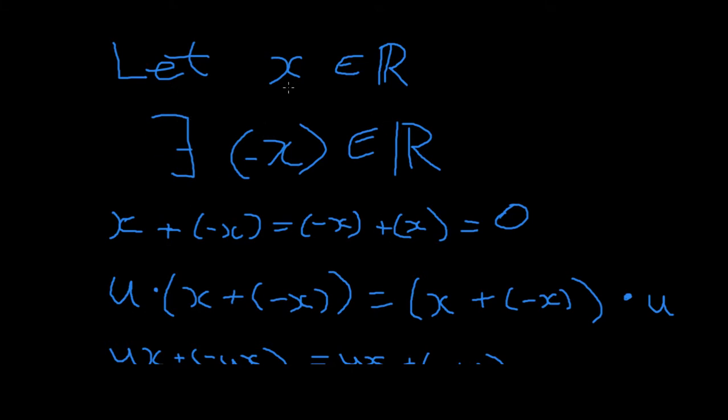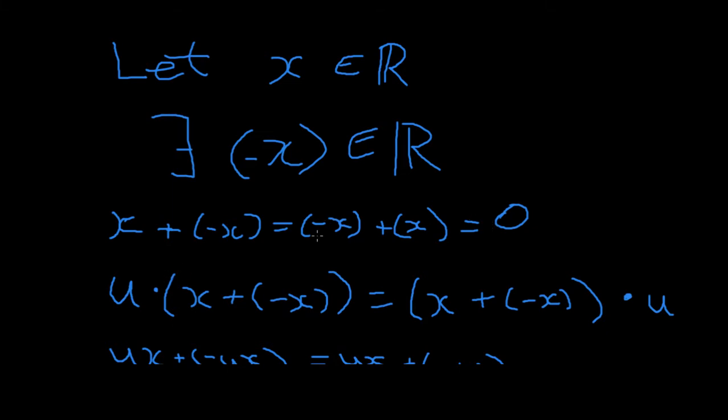And if x exists, then there has to be a negative x. So we just do a normal add inverse. x plus negative x is equal to negative x plus x, which is equal to 0. So we know that x plus negative x will give me 0.